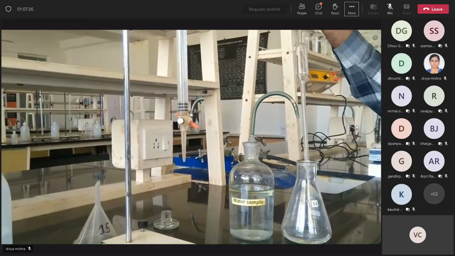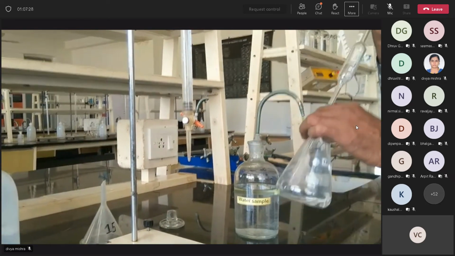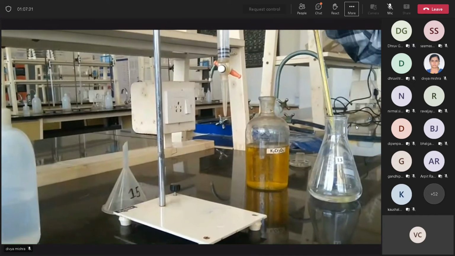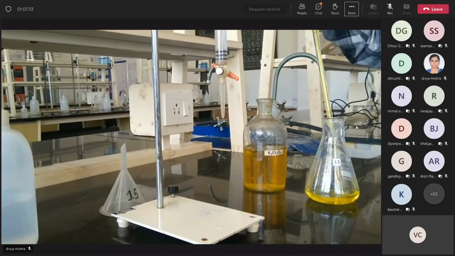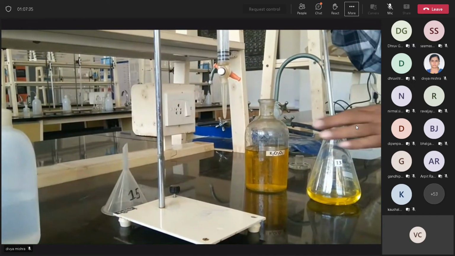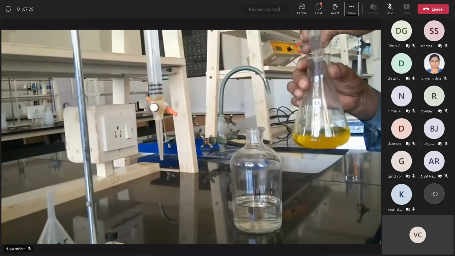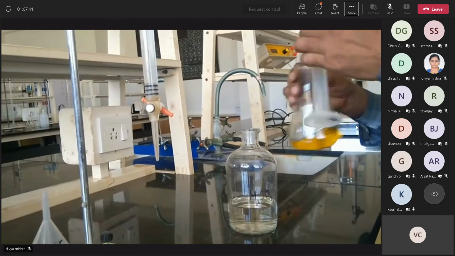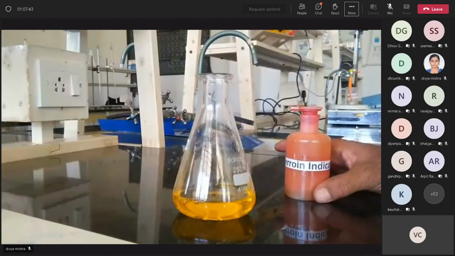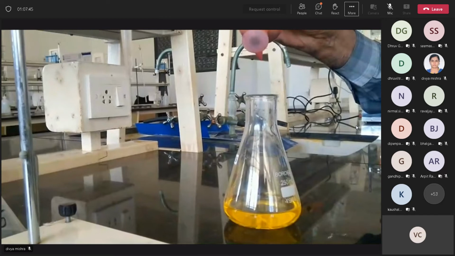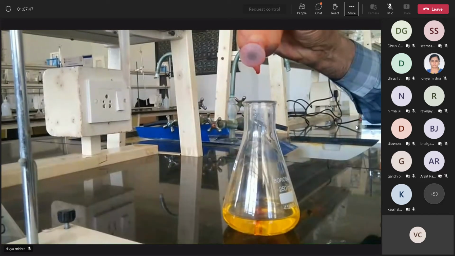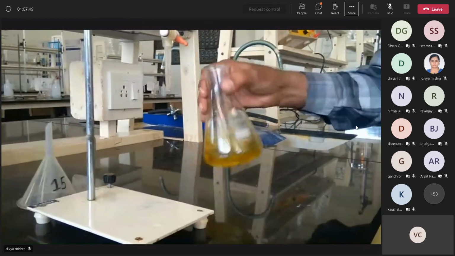Pipette out 25 cm cube of water sample and 25 cm cube of K2Cr2O7 into a conical flask. Add 20 cm cube of 1:1 H2SO4, which contains silver sulfate, which acts as a catalyst. Now add about 2 to 3 drops of ferroin indicator.